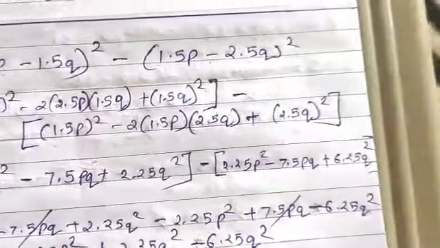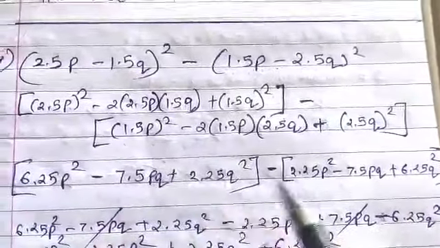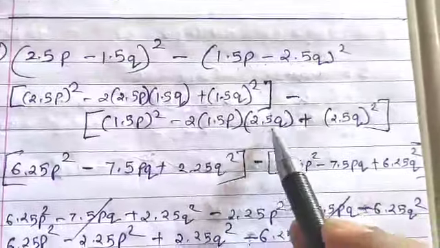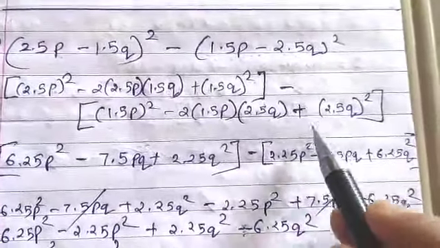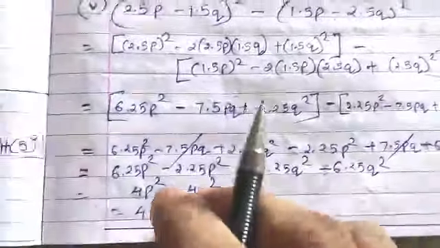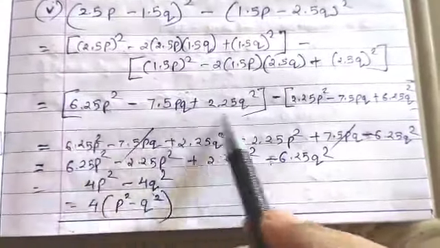Then minus (1.5p)², square of 1.5p is 2.25p², minus 2 × 1.5p × 2.5q, that is minus 7.5pq, plus square of 2.5q is 6.25q². Then see if any value is possible to cancel. Now open the bracket.